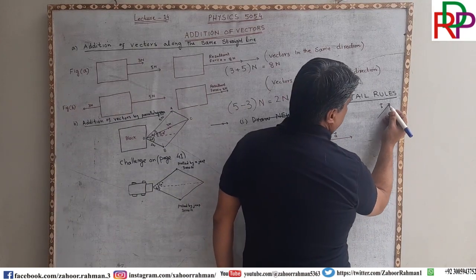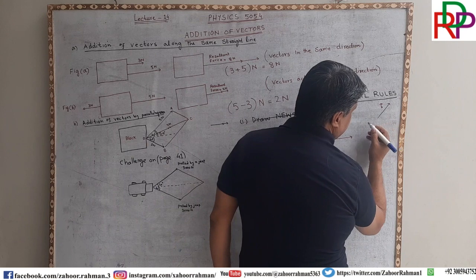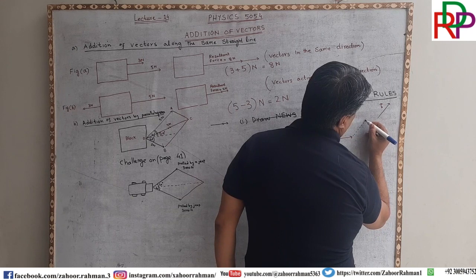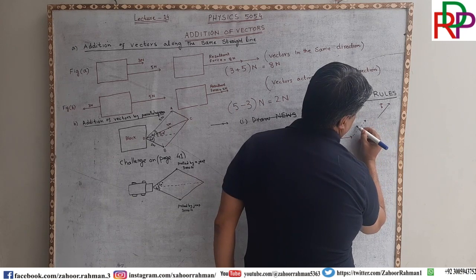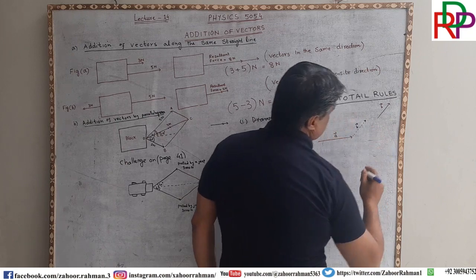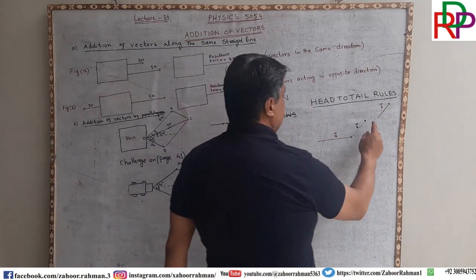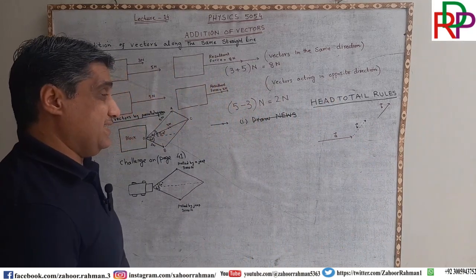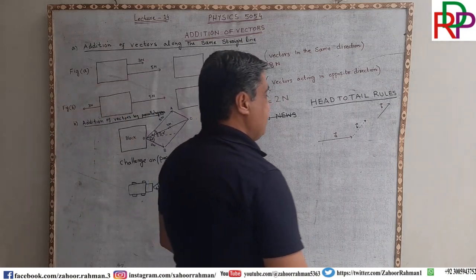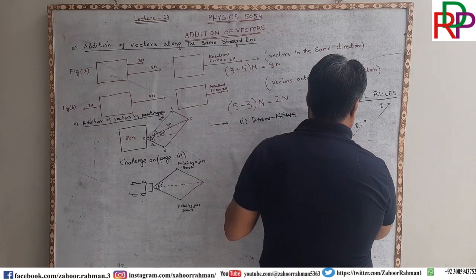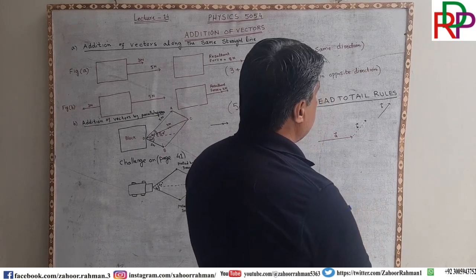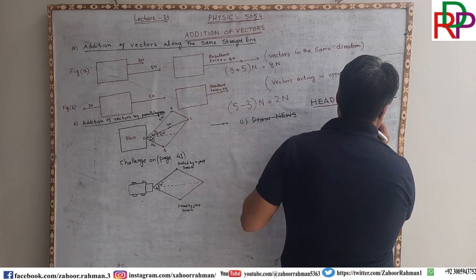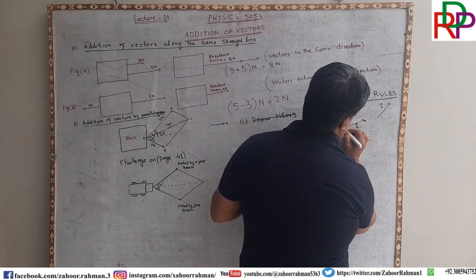So you have to connect the tail of the second vector to the head of the first vector, and then draw a line from the tail of the first vector to the head of the last vector, which will show the overall effect of these two vectors.